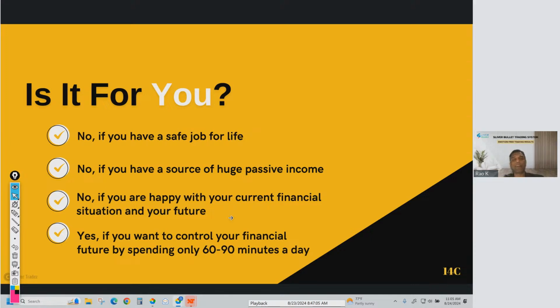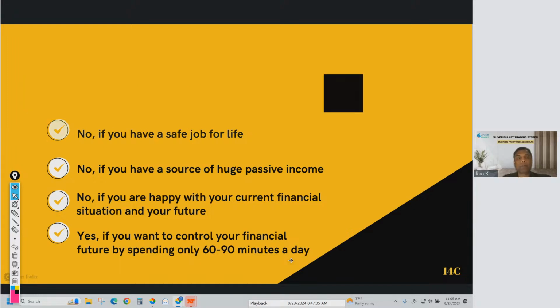If you are already happy, then you do not need the Silver Bullet Trading System. But you definitely need this system if you want to control your financial future, achieve financial freedom by spending only 60 to 90 minutes a day. That's what you have to consider, whether it's for you.